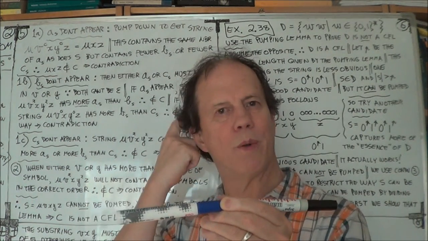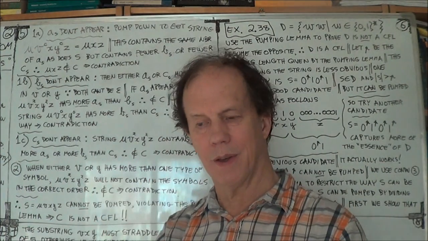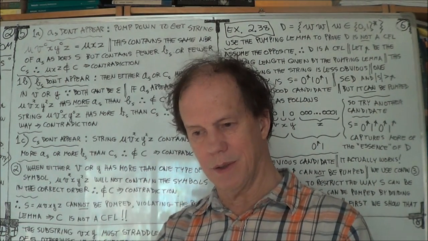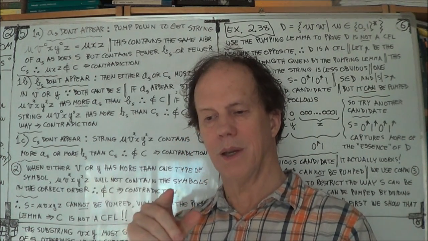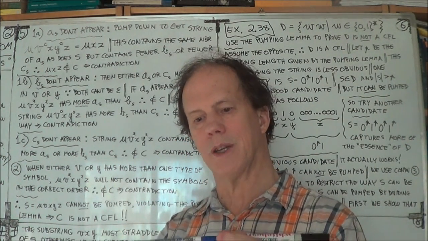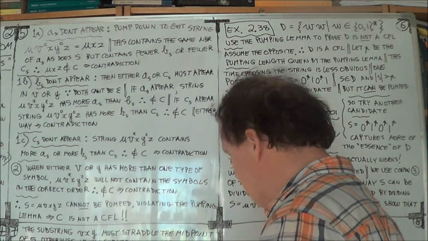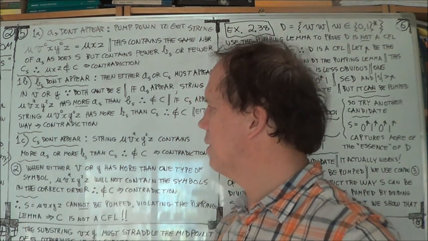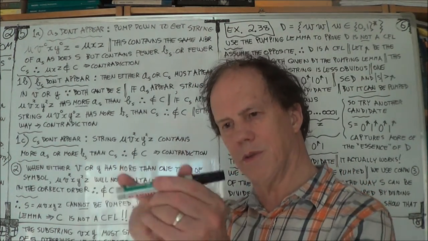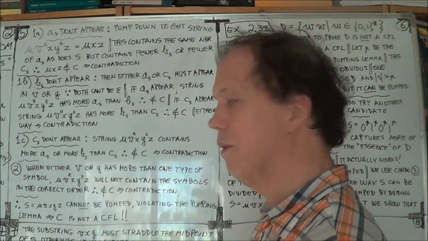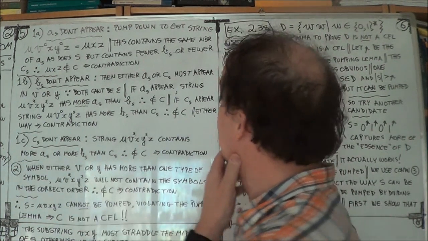You've got to have all your B's before the C's, because the form of the strings that go into the language are of the form A to the N, B to the N, C to the N. Okay, so you got a contradiction. So case two is easier because they're in the wrong order for the reasons I was saying. Okay? I hope that was clear.